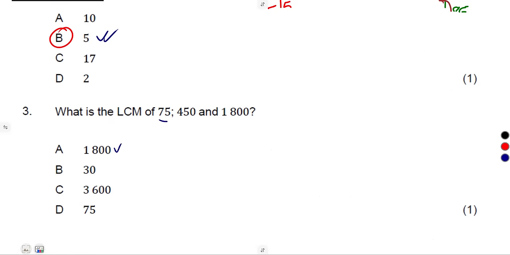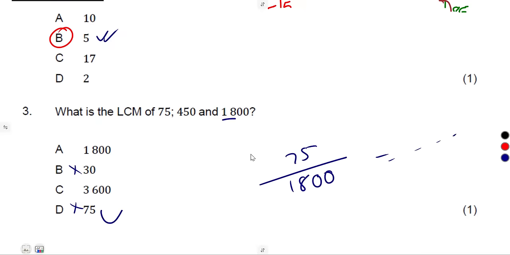Are we going to obtain exact values? 30 is already out. 75 is already out, because if you divide 1800 by 75, as you can see, it's going to be a decimal. The same as 30 there.